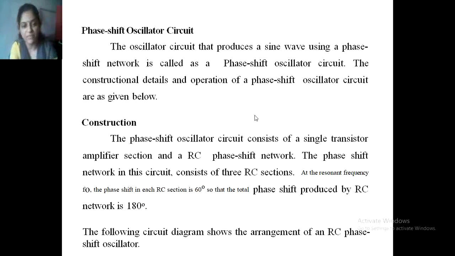The phase shift network in this circuit consists of three RC sections. At the resonant frequency f0, the phase shift in each RC section is 60 degrees, so that the total phase shift produced by the RC network is 180 degrees.